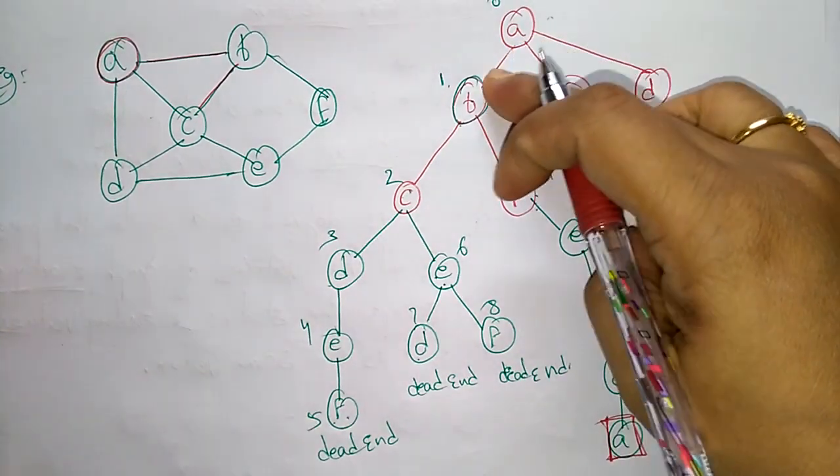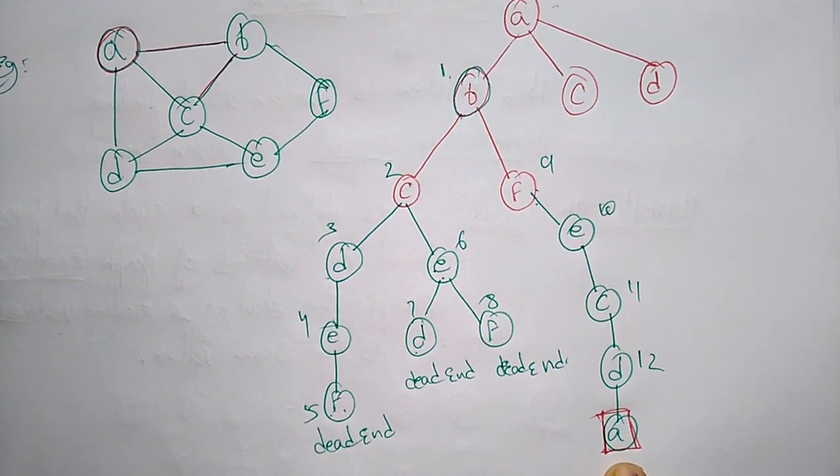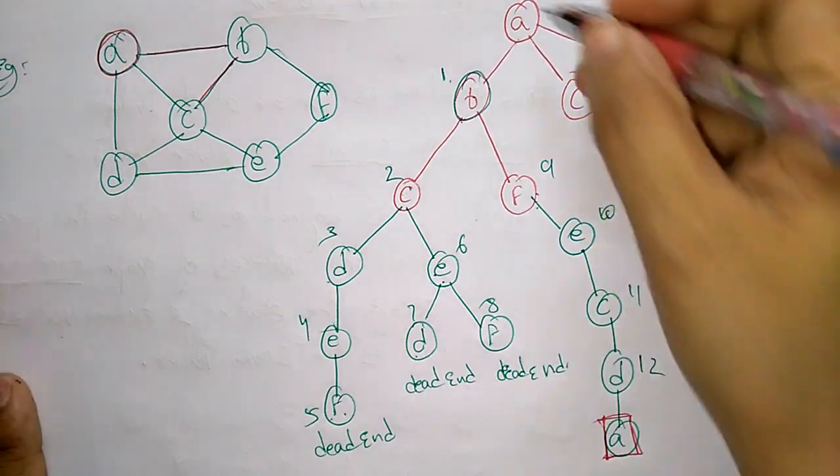From A we started, visited all the vertices, and finally reached A. So this is the Hamiltonian path.